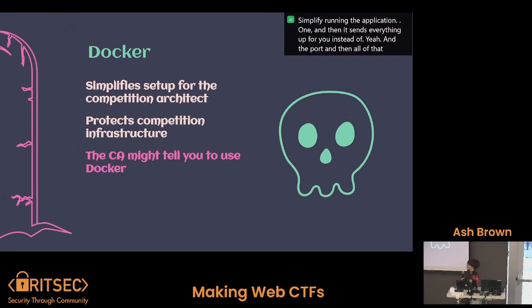You can just set that all up in Docker to do it for you automatically. It can also help protect competition infrastructure, especially if you have RCE on your app. The CTF organizer might also tell you to use Docker, and then you don't have a choice.